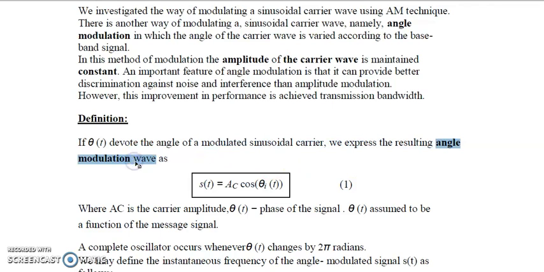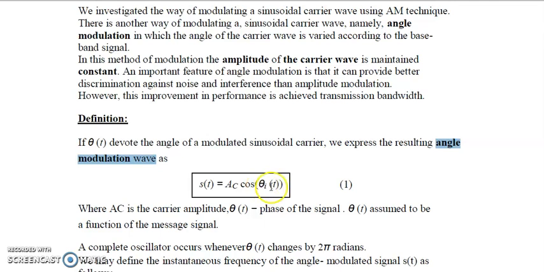If theta t denotes the angle of modulated sinusoidal carrier, then angle modulation means S is the modulated signal, Ac means amplitude of carrier signal, and cos theta i t, where i means instantaneous value and theta means phase angle.